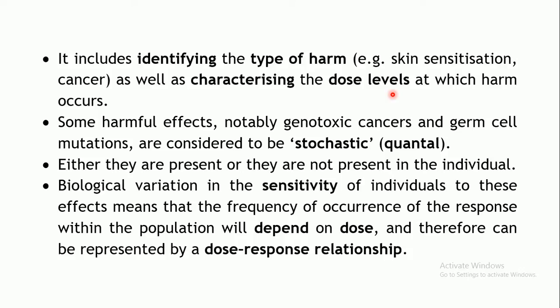What are the different types of harmful effects which may be seen? There are certain harmful effects, for example genotoxic cancers or germ cell mutations. These are considered to be stochastic or quantal effects.